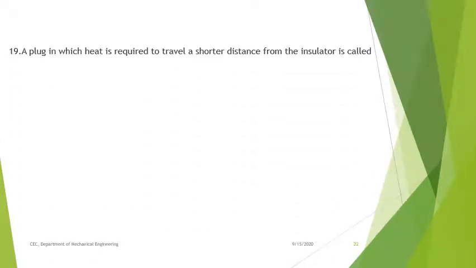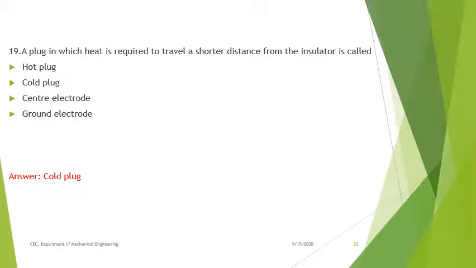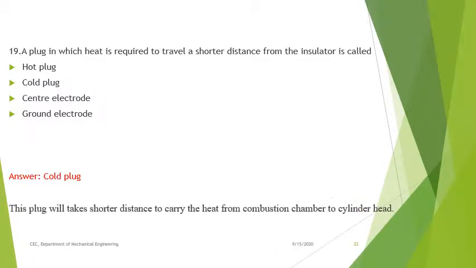A plug in which heat is required to travel a shorter distance from the insulator is called hot plug, cold plug, center electrode, or ground electrode. Answer for this question is cold plug. This plug will take a shorter distance to carry the heat from the combustion chamber to the cylinder head.